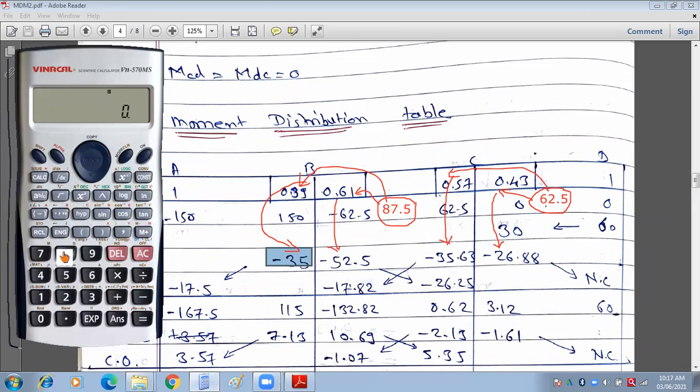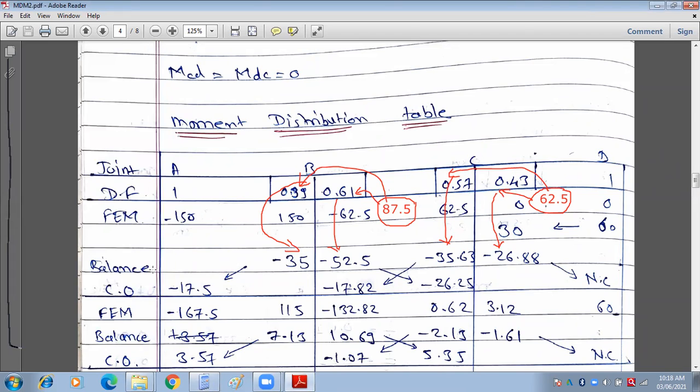Next term, 87.5 into 0.61. Now out of 87.5, if we have considered this one 35, means 87.5 minus 35, it becomes 52.5.